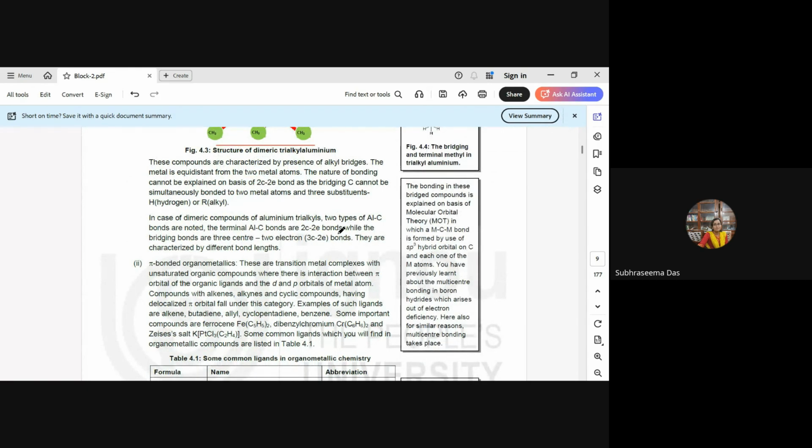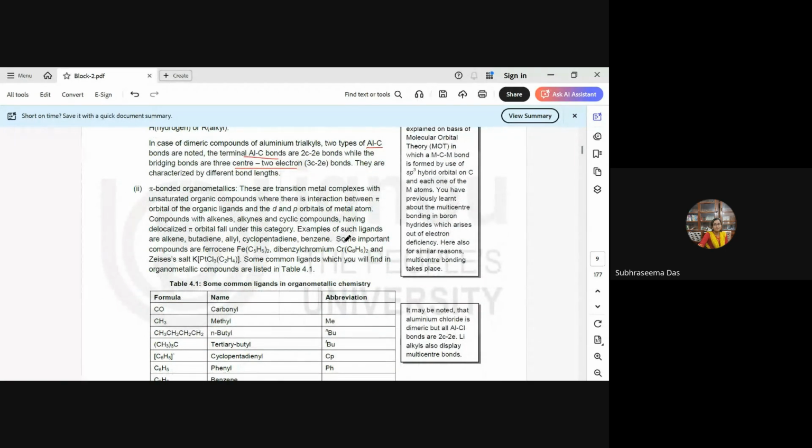In the case of dimeric compounds of aluminium trialkyls, two types of aluminium to carbon bonds have been noted. One is the terminal aluminium to carbon bond, which is 2C2E in nature, while the bridging bonds are 3C2E in nature. So when we have dimeric compounds, two types of metal to carbon bonds are noted: the terminal, and the bridging.